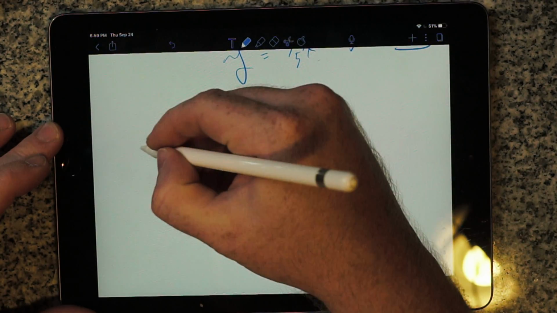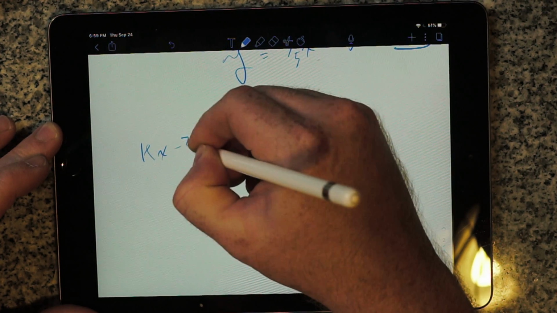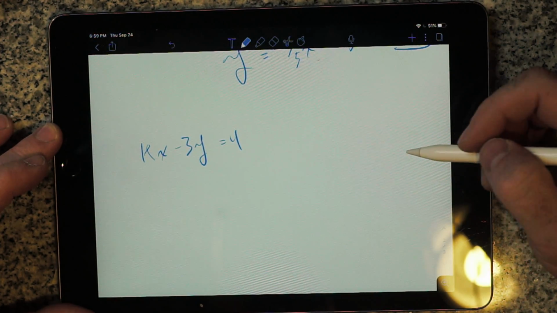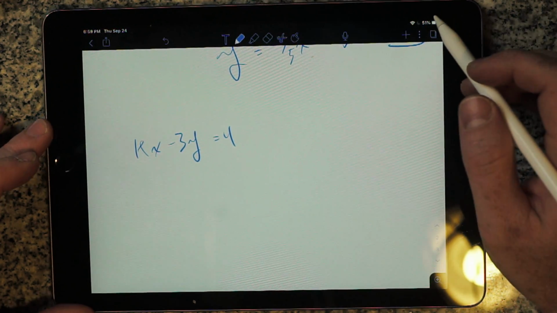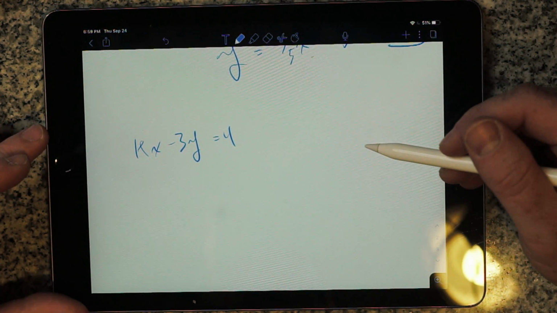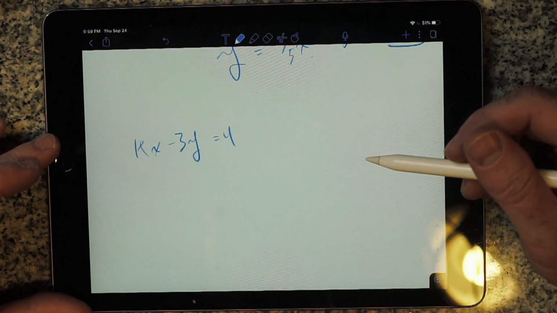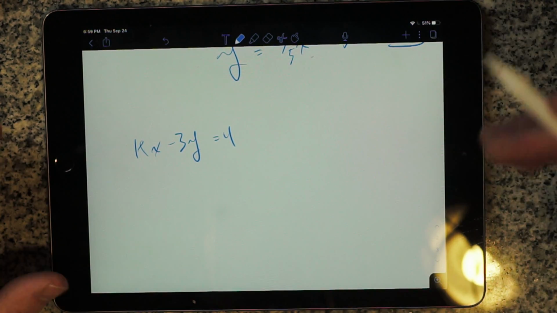So we have kx minus 3y equals 4. And let's solve this for the same slope-intercept form, and then we'll probably just be able to plug in some value of k, or I see a lot of fractions in the answers, so we may have to do something a little janky, but let's start there.